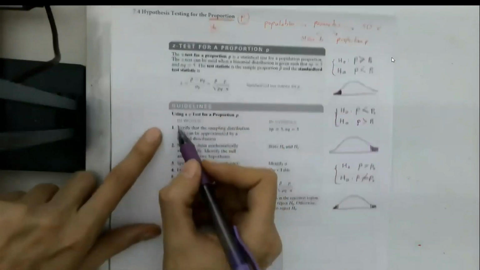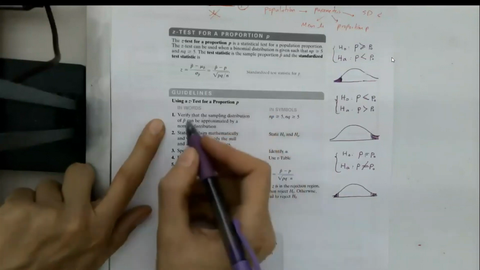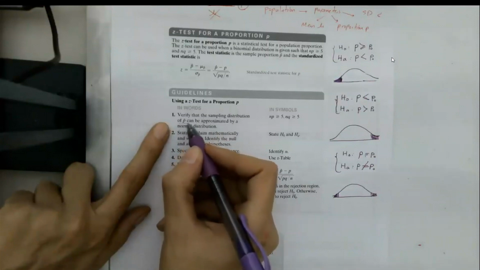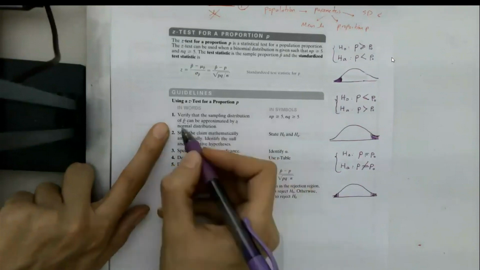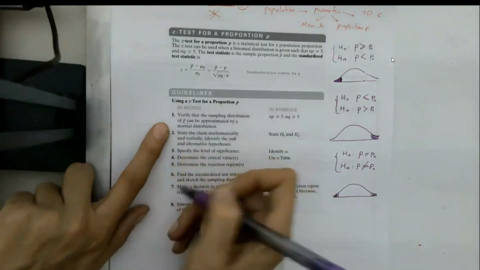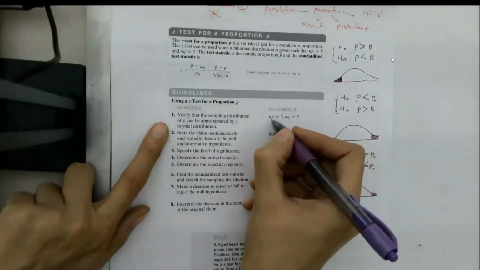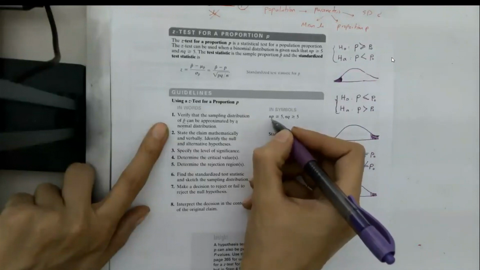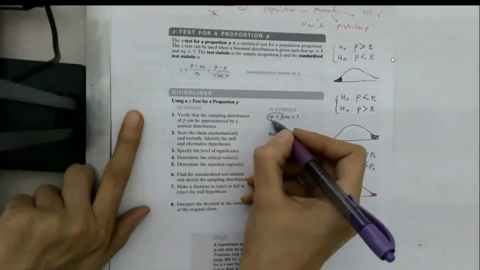Step 1, verify that the sampling distribution of p hat, the sample proportion, can be approximated by a normal distribution, or if we multiply n, the sample size, by p, the population proportion, it's greater than or equal to 5.